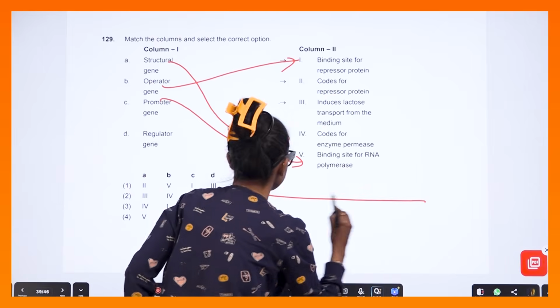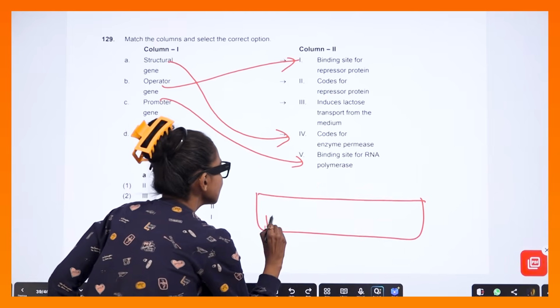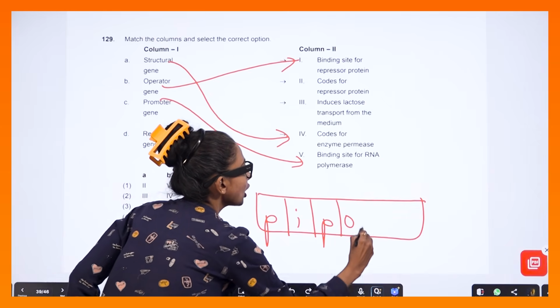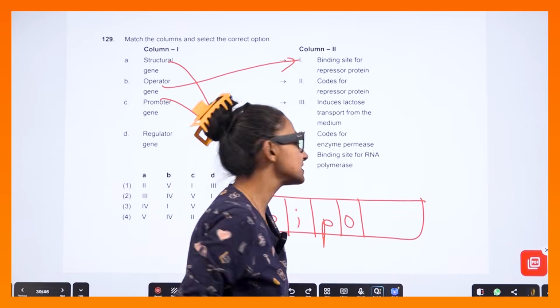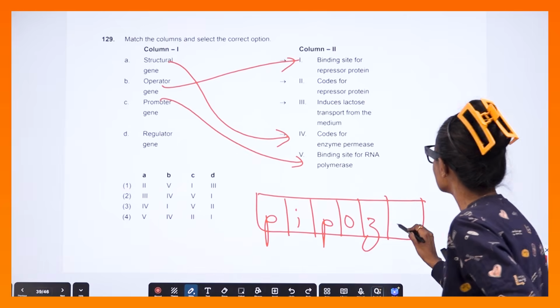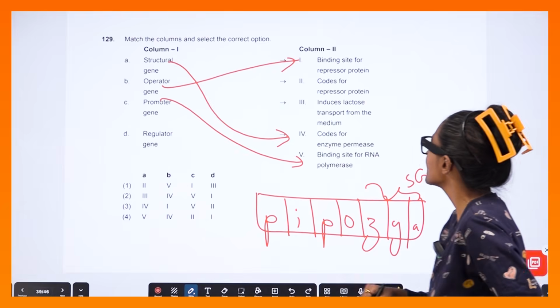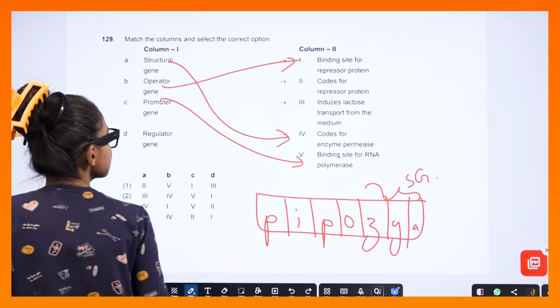Remember the structure? It was something like this. Promoter, operator, Z, Y, A, right? Structural genes, Z, Y, A. So these three are structural genes, and this is the promoter.